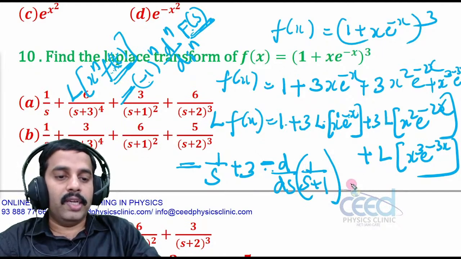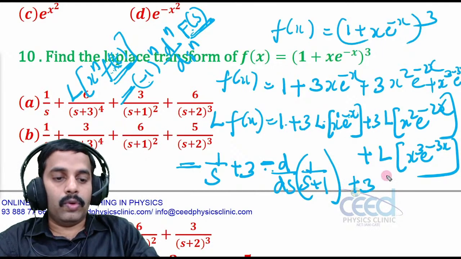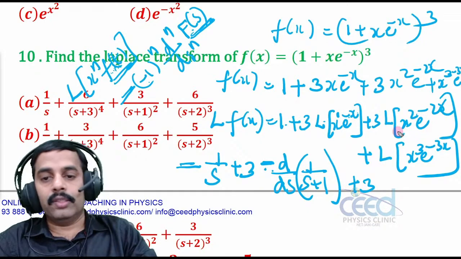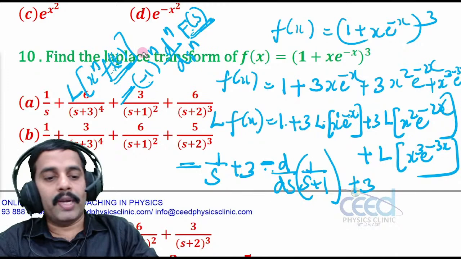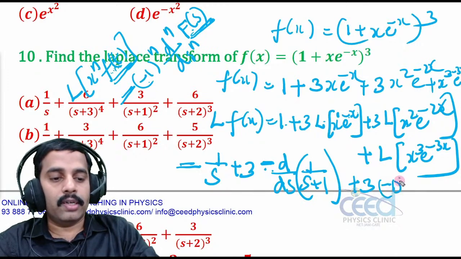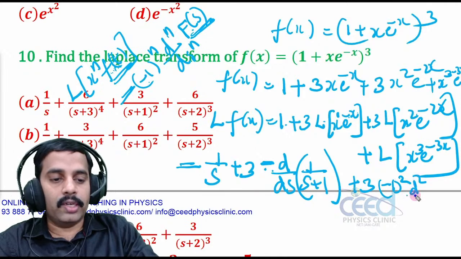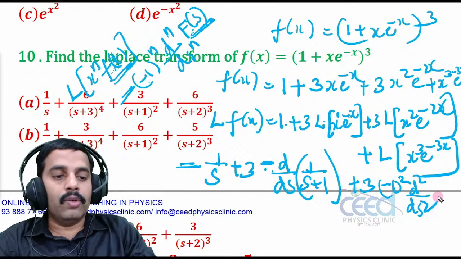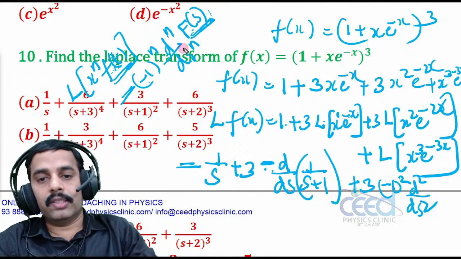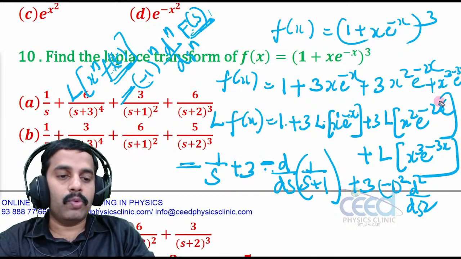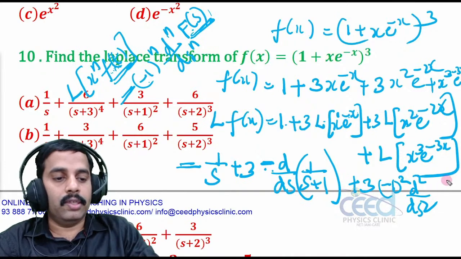Now that is 3 into Laplace of x square e raised to minus 2x. So it is x square, so minus 1 square here, and we have the double derivative, d square by ds square. What is my f of s? F of s is the Laplace transform of this e raised to minus 2x, that is 1 by s plus 2, right?